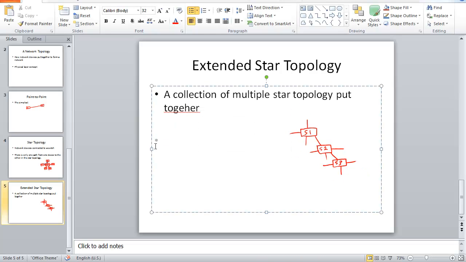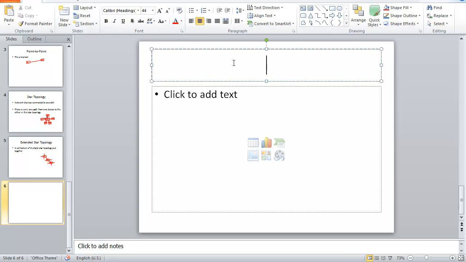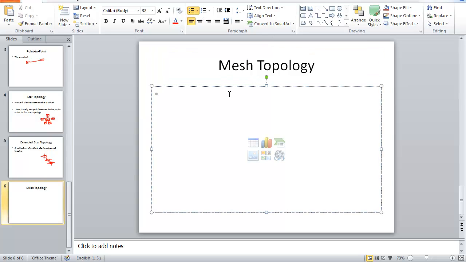Next one is this thing called bus topology. Oh, before bus topology, let's talk about mesh topology. So as you can see, the star topology is mainly used for the switches, and the switches are only needed in a single network, and it makes sense because the potential for failure in a single network is pretty low.